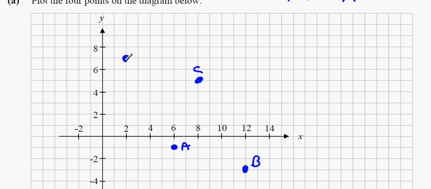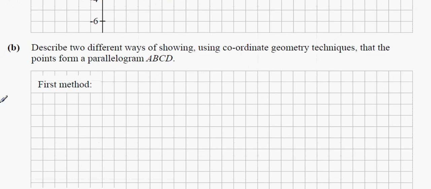Now, it's looking like a parallelogram at the moment, because you can see the similar slopes for the two of them, okay? Now, the next question will be, describe 2 different ways of showing, using coordinate geometry techniques. So this means the techniques that are in your book, okay?